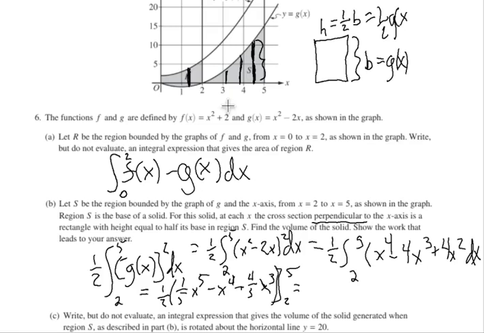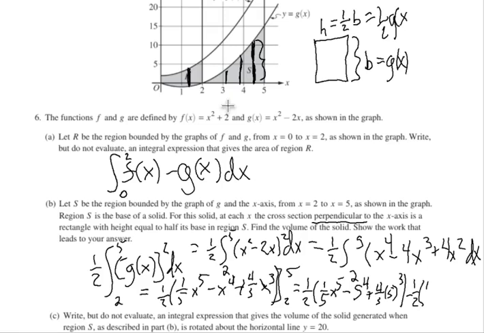So let's just do that. All right, so you'd have the function evaluated at 5, so 1/5 times 5 to the 5th minus 5 to the 4th plus 4/3 times 5 to the 3rd, minus the function evaluated at 2.